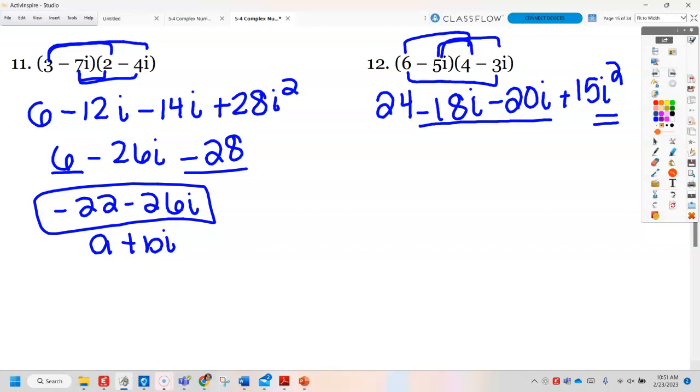So again, you have very similar processes and steps: combining like terms, changing squares. i squared becomes negative 1. That 15i squared becomes negative 15. 24 minus 15 is 9.